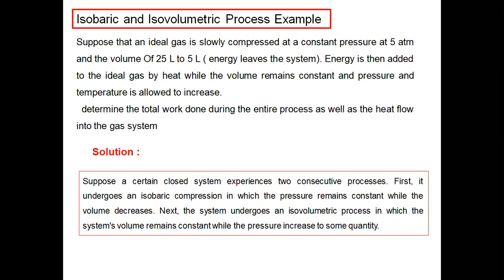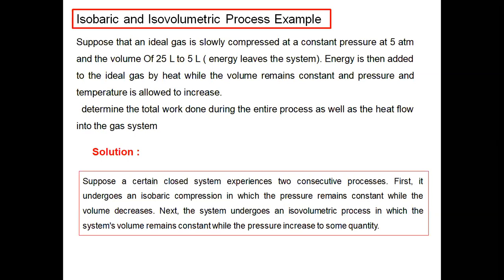And then in the solution, in this case, we suppose a certain closed system experiences two consecutive processes. First, it undergoes an isobaric compression in which the pressure remains constant while the volume decreases.